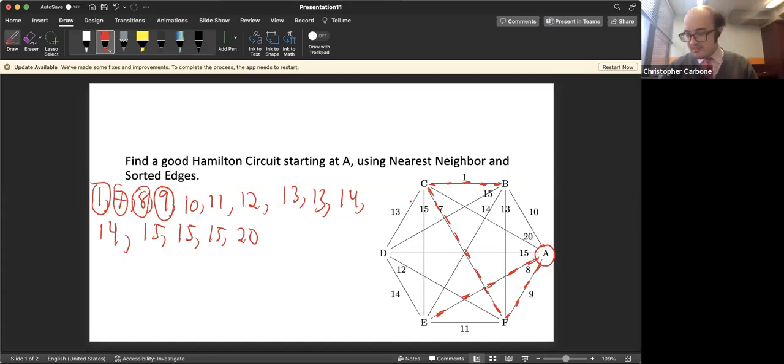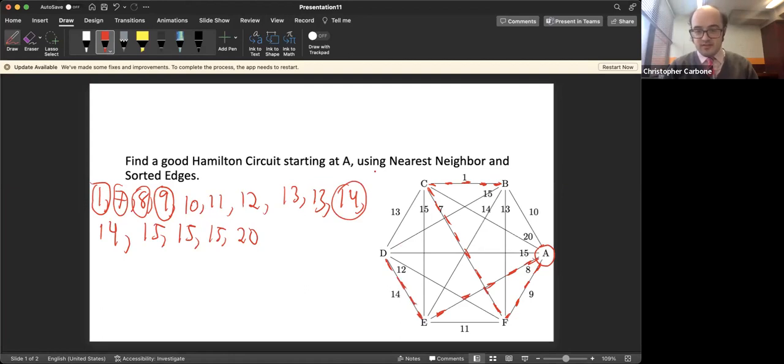This other 13 connects C and D, which creates another three-way intersection at C. One 14 connects B and E over here, which creates a subcircuit again. But the other 14 we have is E and D. So we want only one of these 14. It gives us that connection to D, which we need.